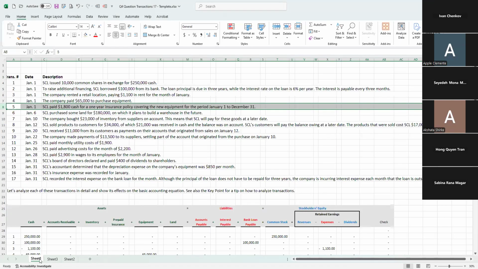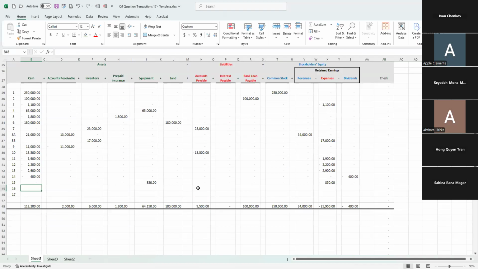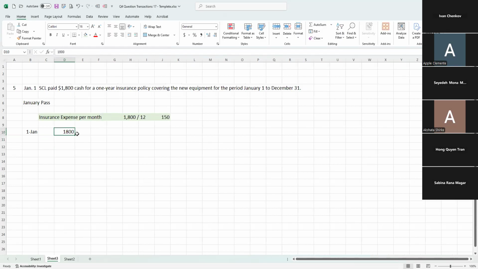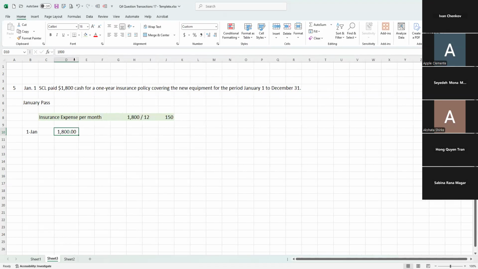And since the month is already gone, let's do this. We're going to have insurance expense of $150. Now I have to reduce something. Which one am I going to reduce? How much is my prepaid insurance now? My prepaid insurance on January 1st was $1,800, right? And how many months do I have available to use this insurance? 12 months.